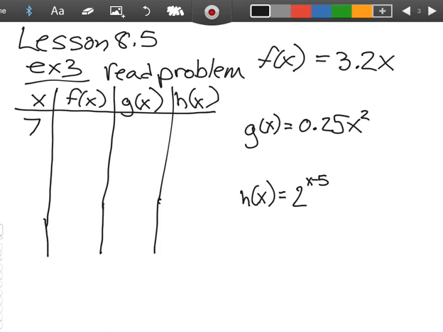So what you'll do is on each of these functions, you'll plug a 7 inside these parentheses. Make sure with this 5 up here, you might do the 7 minus 5 and just do 2 squared. All right, so pause me and calculate those 3 values and then come back and see what they are.